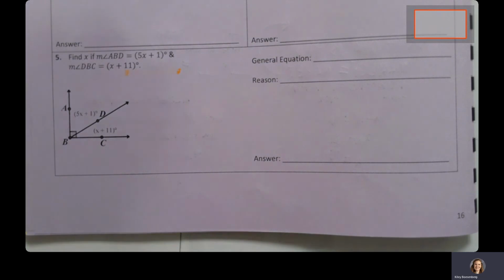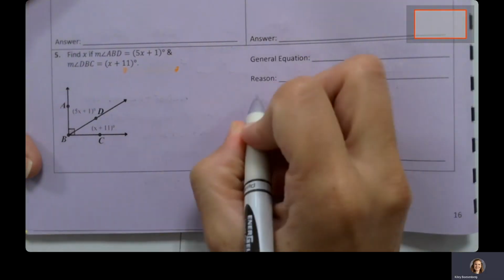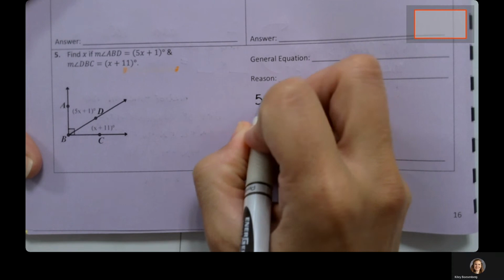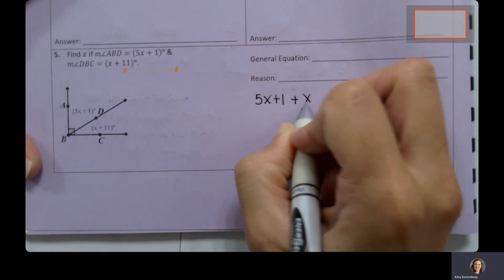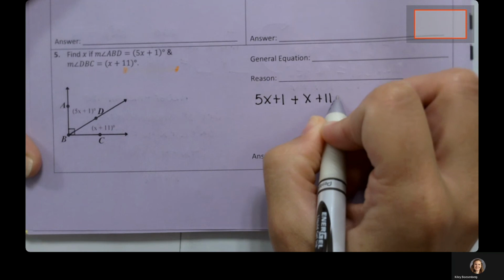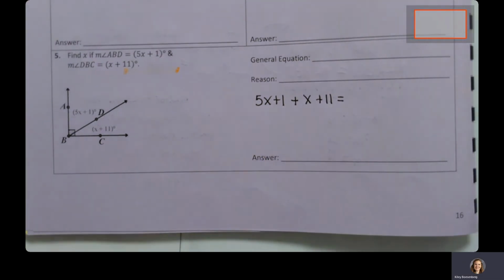When I add them together, so let's go 5x plus 1 plus x plus 11 equals, and then what's my total? Sometimes that total is going to be 180 because it's a straight line. Sometimes that total is going to be 12x minus 7, something like that.